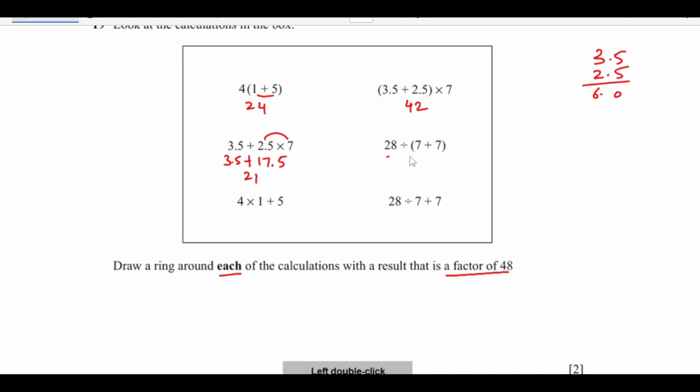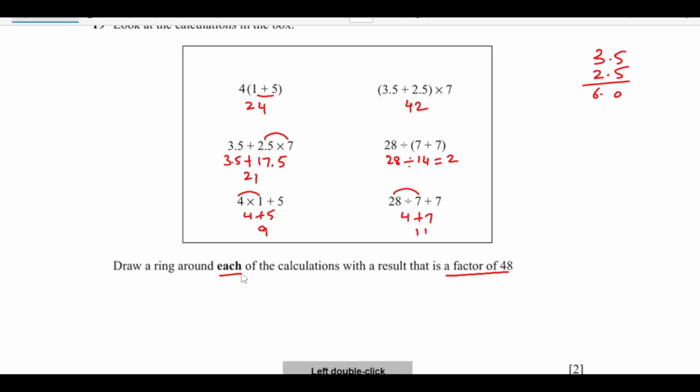And let's see this one, 28. 7 plus 7 is 14. 28 divided by 14 is 2. Then this 4 plus 5 is 9. Then this is 4 plus 7, it is 11, right?